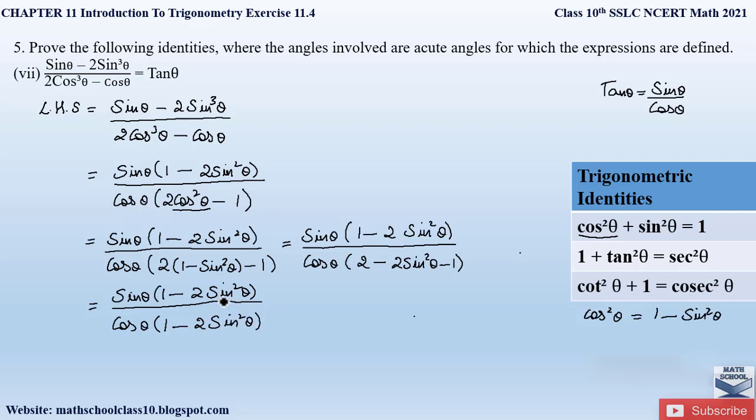So now you can observe that in the brackets 1 minus 2 sin square theta is present in both numerator and denominator, which we can cancel out, and we will be just left with sin theta divided by cos theta. So what is sin theta divided by cos theta? That is nothing but tan theta. So therefore we obtain the right hand side value. So therefore you can write down left hand side is equal to the right hand side, and hence proved.